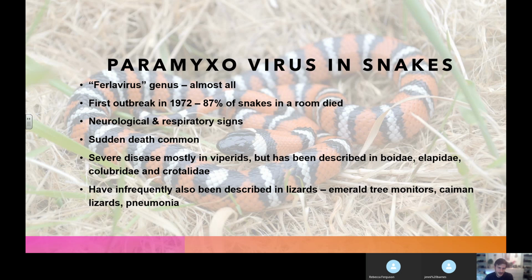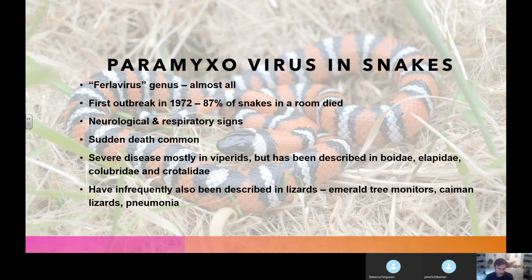And paramyxovirus is another one of these viruses that we've known about for quite a long time. It was first described in the early 70s, and it's the ferlavirus genus of paramyxoviruses that are most relevant in snakes. They're called ferlavirus because the original outbreak, where a lot of snakes in one room died, was in a zoological facility, I believe.